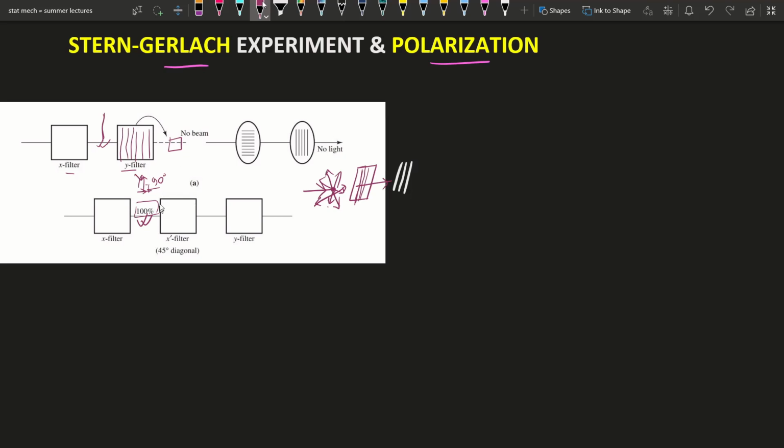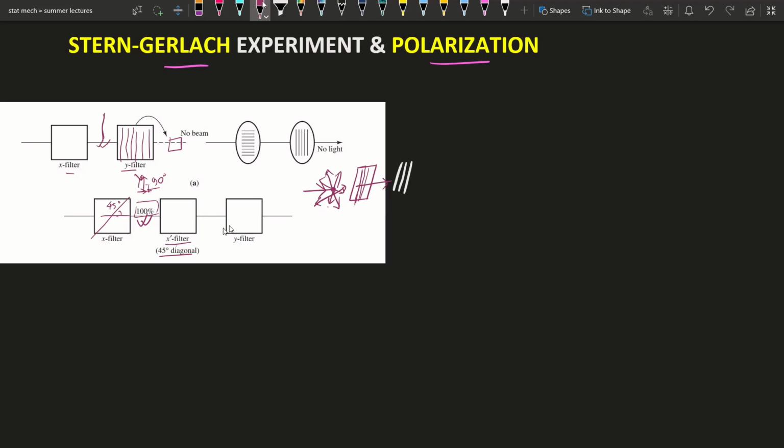But if we introduce another filter X dash, which is at a 45 degree angle with the X axis, then what happens?